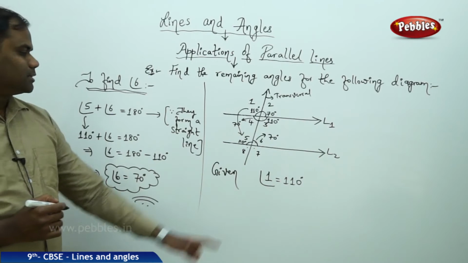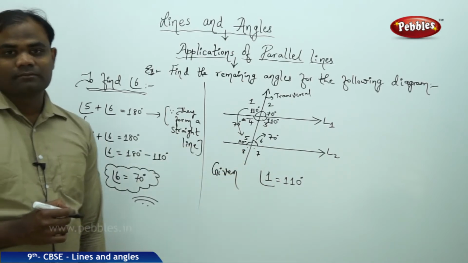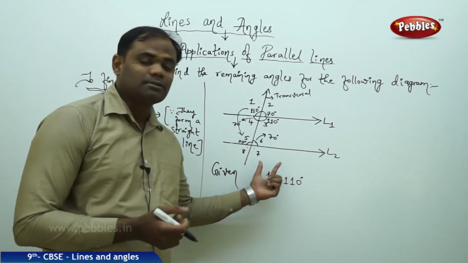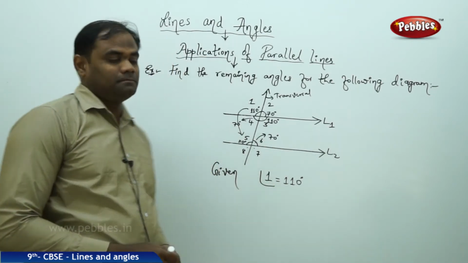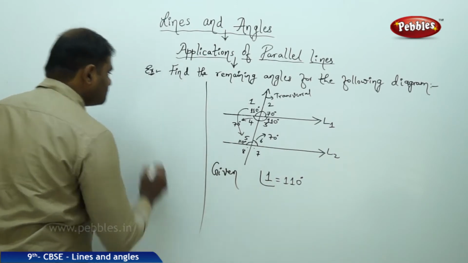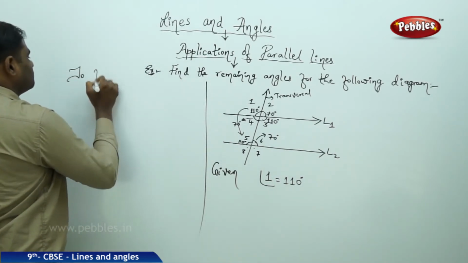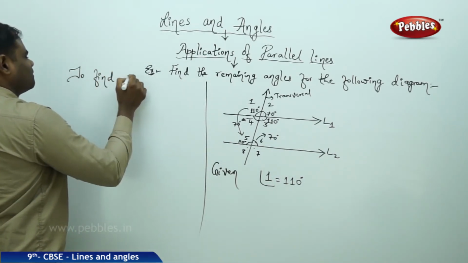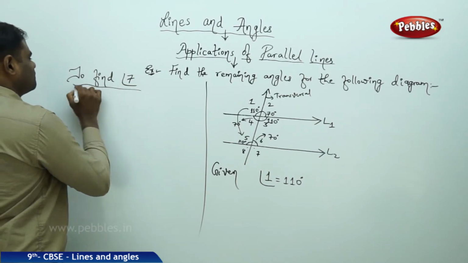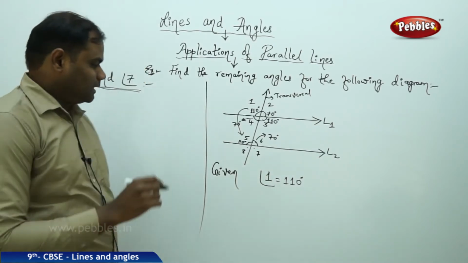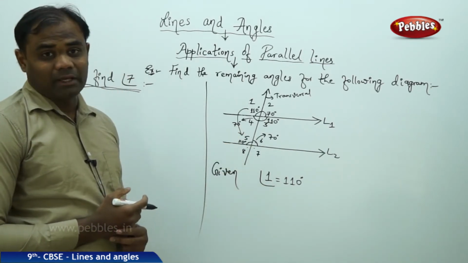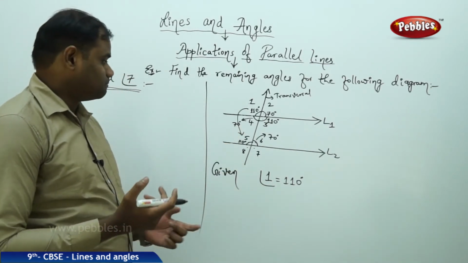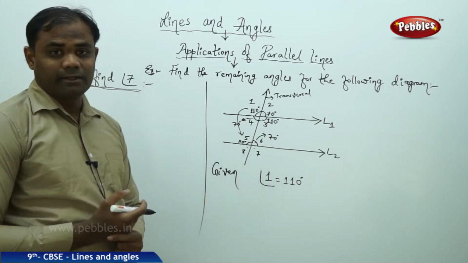Next is about finding angle 7. So let's see how we can find angle 7 using the properties. As we can see clearly, 5 and 7 are vertically opposite angles. So let's see if they are equal.